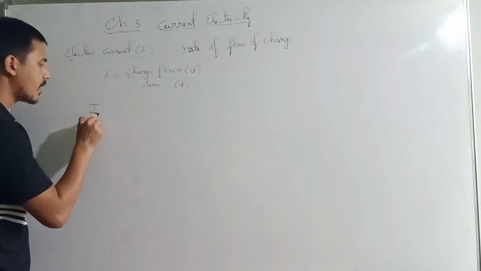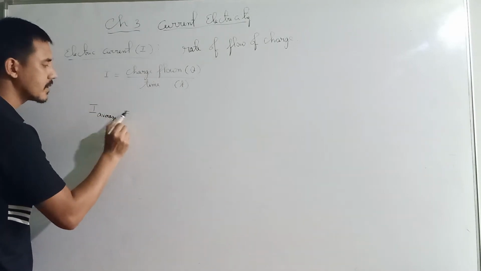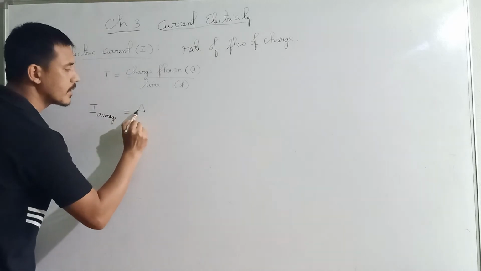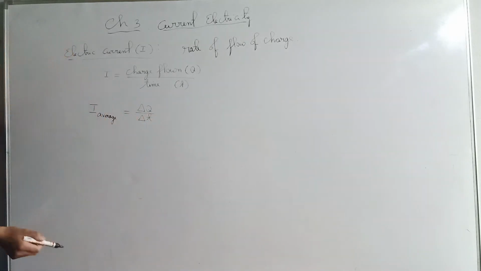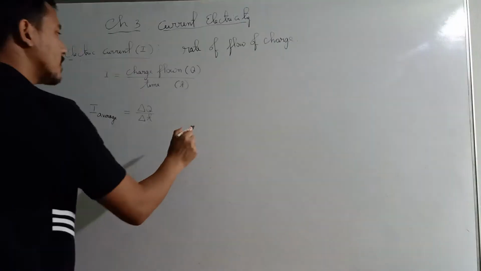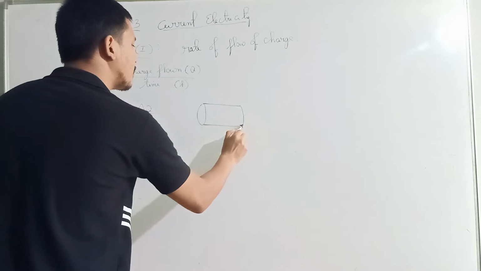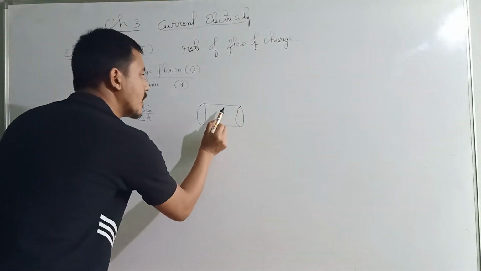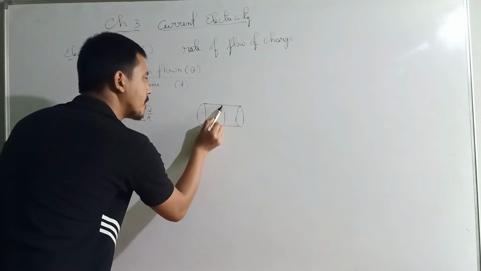Now we have average current, I average. Average current is given by delta Q upon delta T. Now, if this is a conductor, consider a cross-section of the conductor.